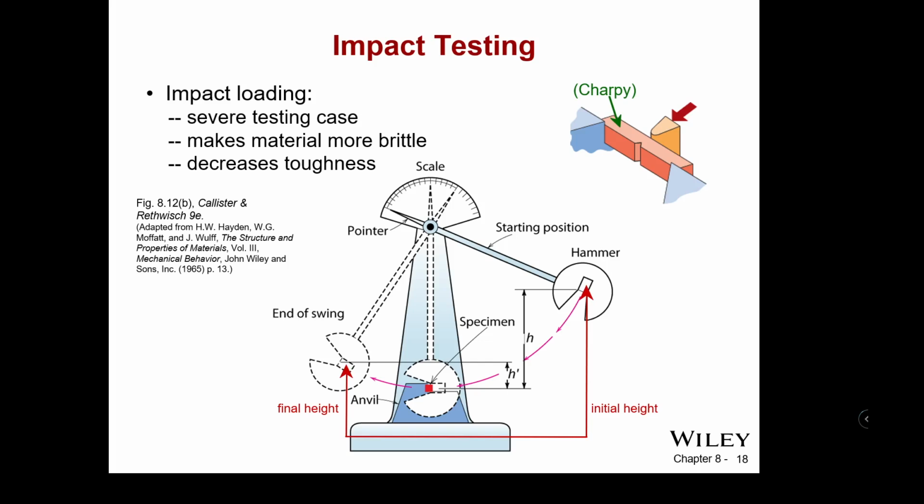The differences in the height tell us something about the differences in potential energy at the beginning and the end of the sample impact. So the sample breaks in the process unless it's beyond the range that that particular Charpy tester is rated for, which can happen.